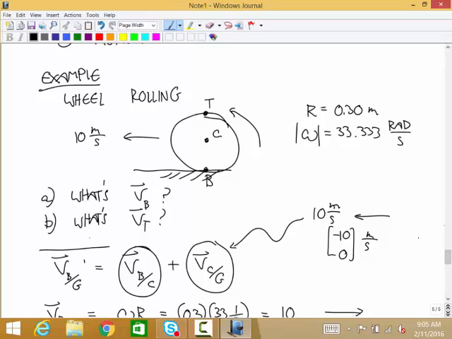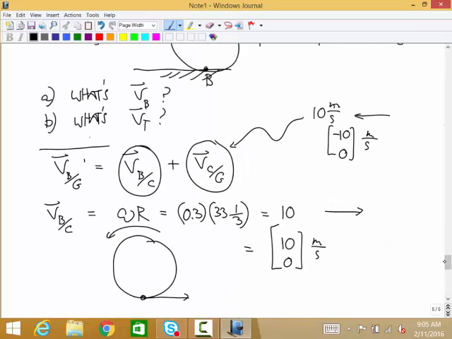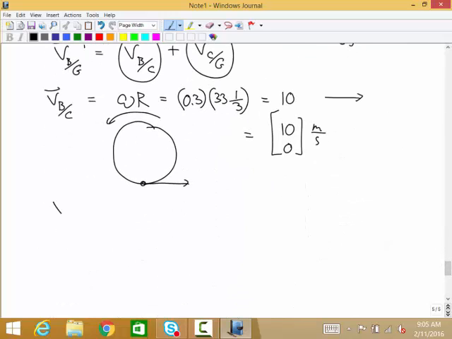And so now you can add these two together, and you get that the velocity of the bottom relative to the ground is equal to, actually, let me change the order of these. So it's equal to negative 10, 0, plus 10, 0.